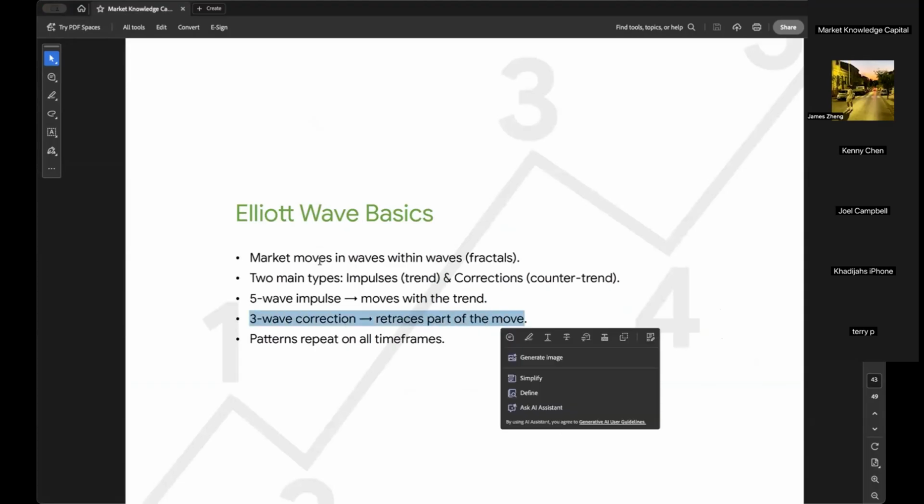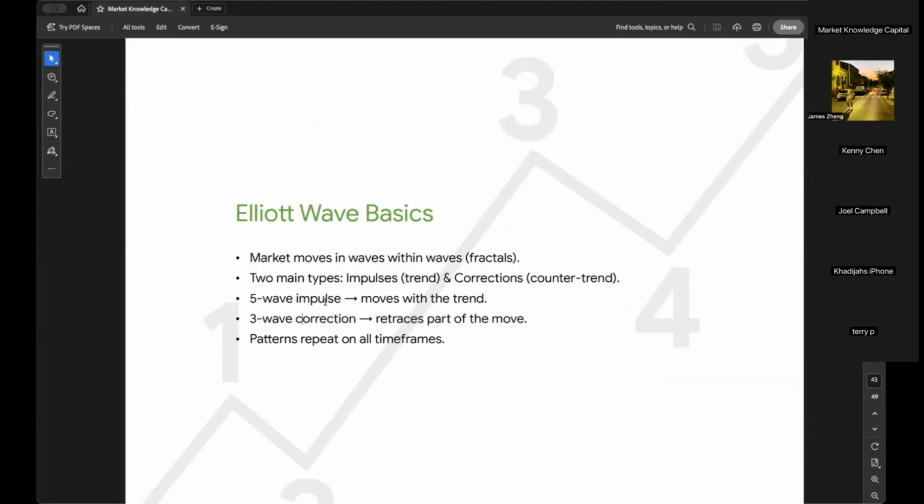Yeah, within a three wave correction, a correction generally comes as what is known as an ABC. If you look in the Elliott wave book, when you get a correction, we generally get three waves within a corrective formation, which ends up being a channel or a flag or maybe even a pennant.